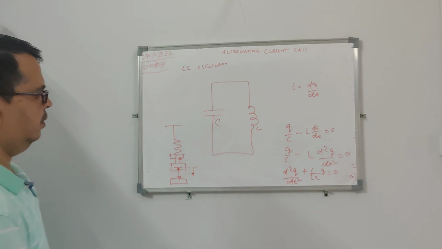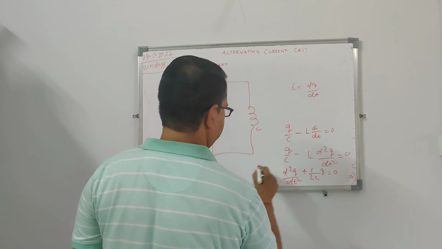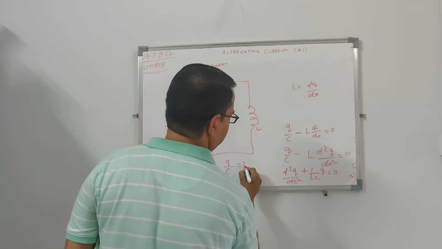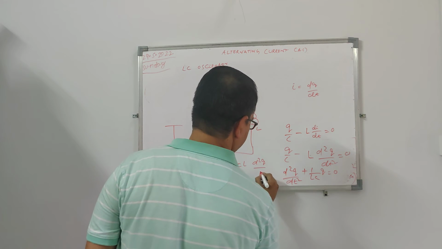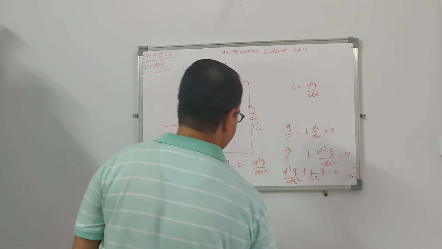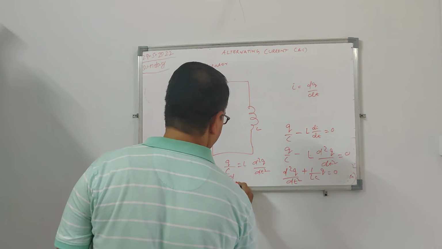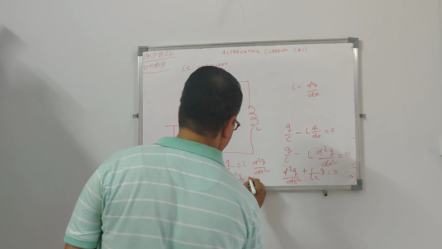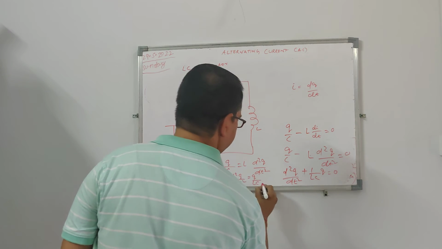So q by C is equal to L d square q by dt square, so d square q by dt square is equal to q by LC, right?